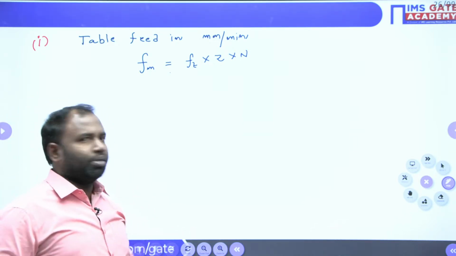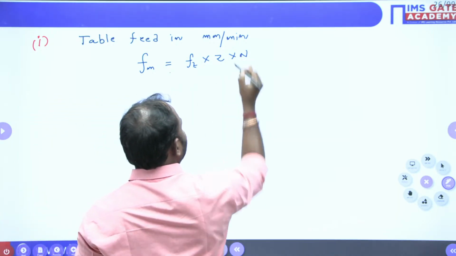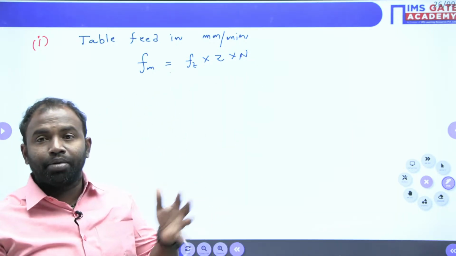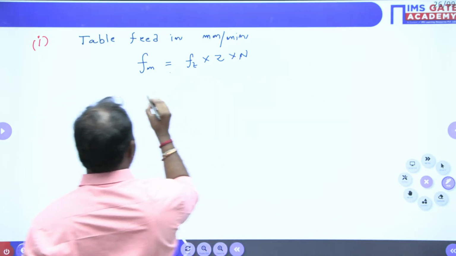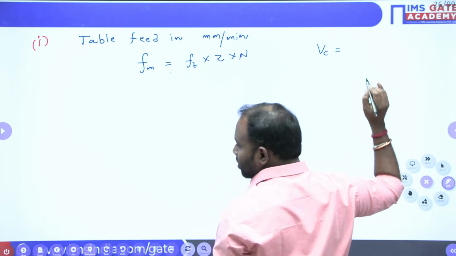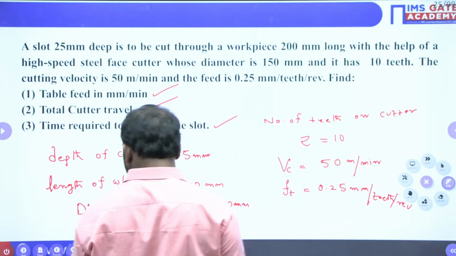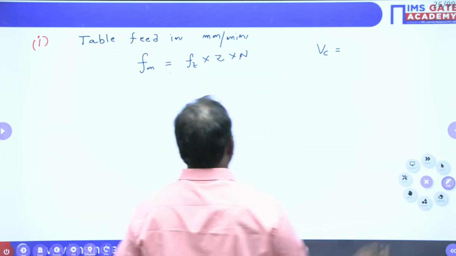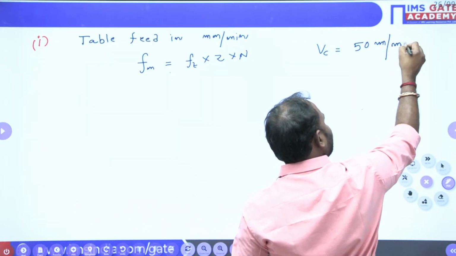Right. Now, let us calculate. We don't know N, the RPM of the tool, right? The RPM of the tool we can calculate from the cutting speed. What is the cutting velocity? Cutting velocity is given as 50 meters per minute.